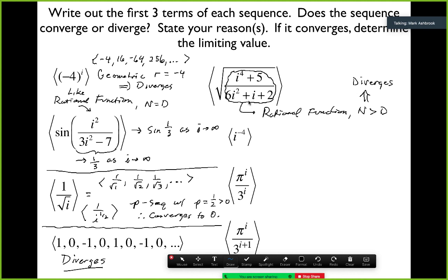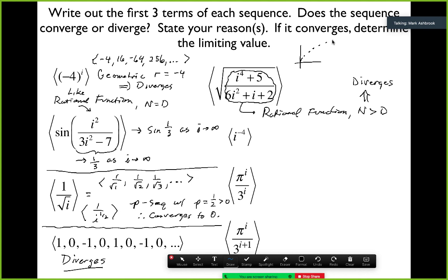So our rational function inside diverges. The square root makes all those values smaller, but still, even the square root function gets very, very large as your argument gets large. It just gets larger slower. So what does the square root look like? Square root looks like this.